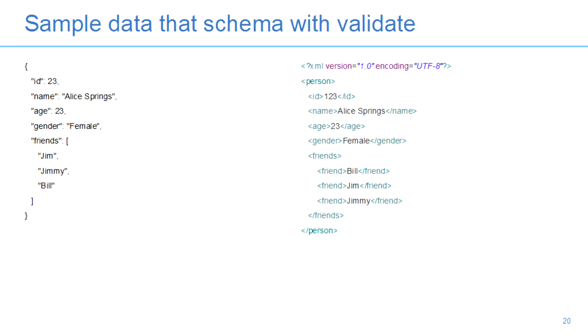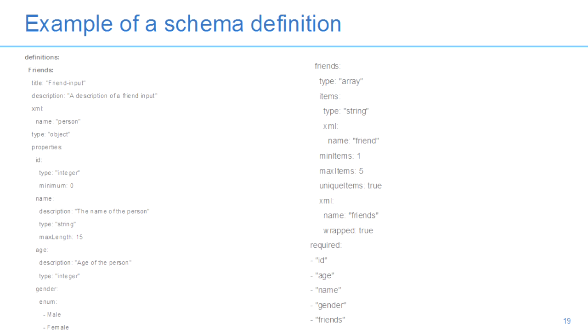And that schema that I just showed, I'll go back and cover it later, but there's a couple of XML elements in here. You might see on the left-hand side under the description, there's an XML name person, and on the right under the friends bit to do with the array, you have an XML name friends and an XML wrapped true.